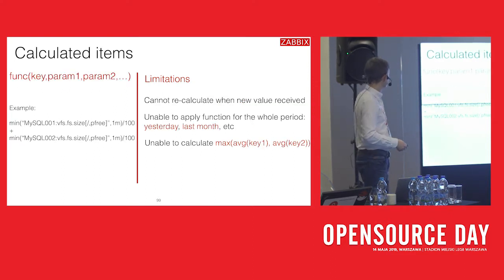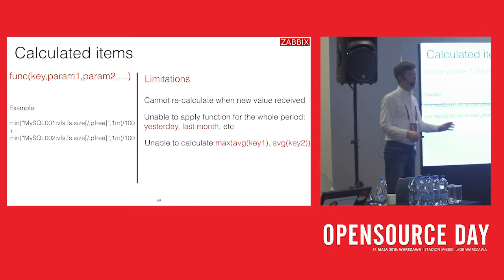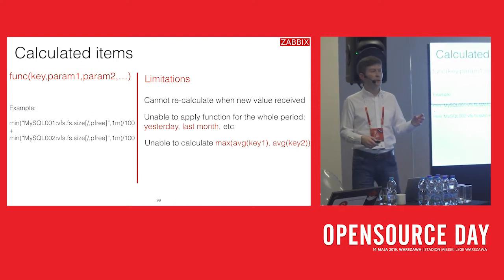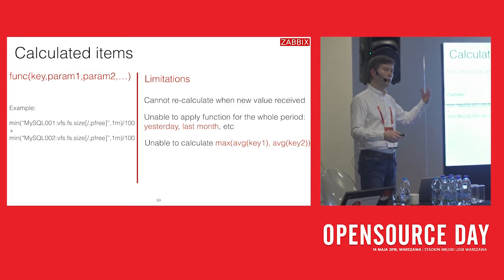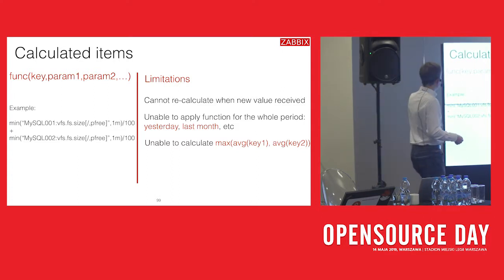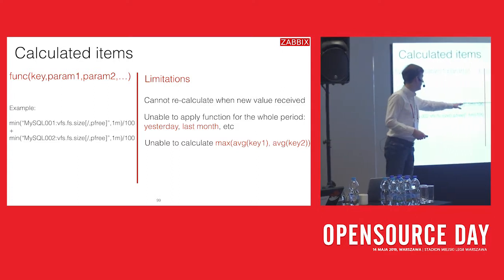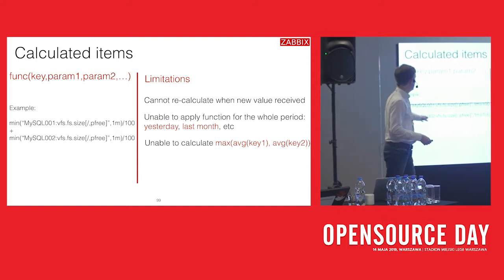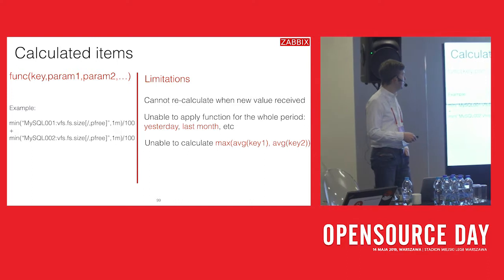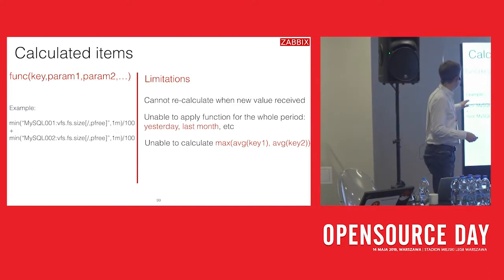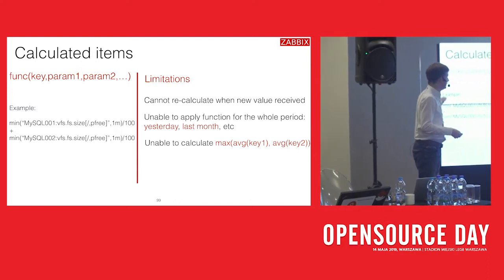Calculated items. Calculated items is basically a formula which is based on other items. Okay? So you make some calculation based on values from other items, like this. Minimum for 1 minute plus minimum of 1 minute from 2 different servers. So very simple example. Also, we have some limits. It can be calculated only on schedule.